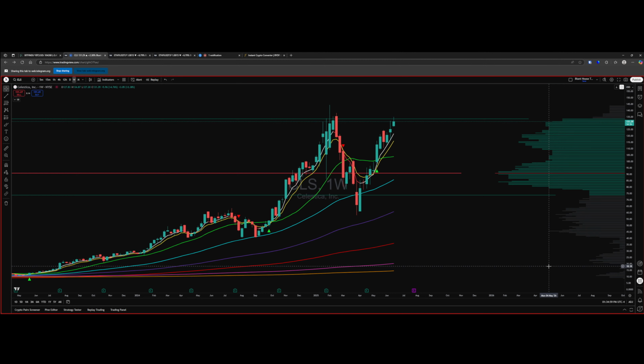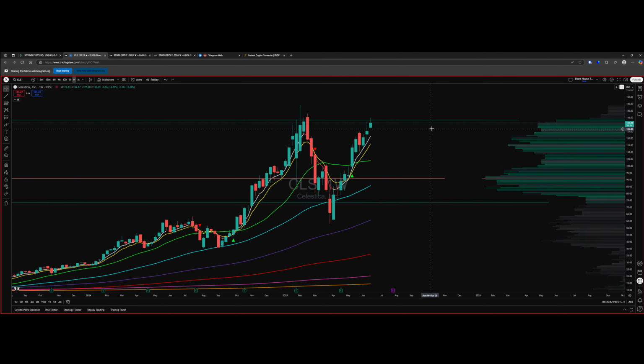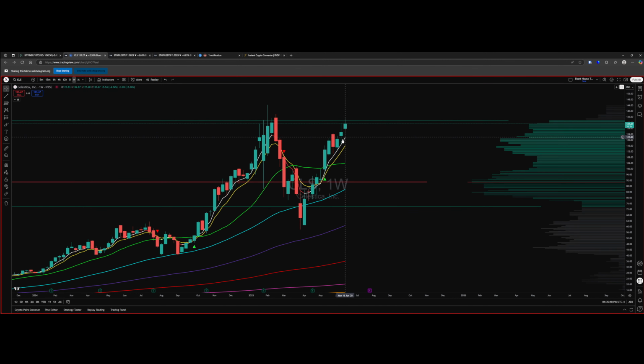Everyone's looking at this one saying, geez, that's looking a little toppy, and the automatic inclination is to short, which I get. But could this not be a situation where price has gotten a little exuberant, a little hot, and might want to pull back a little bit?